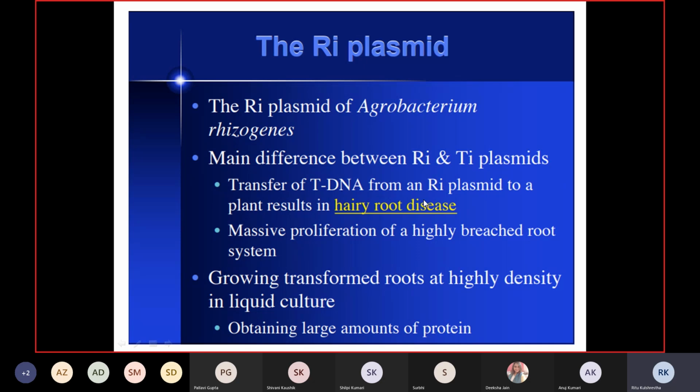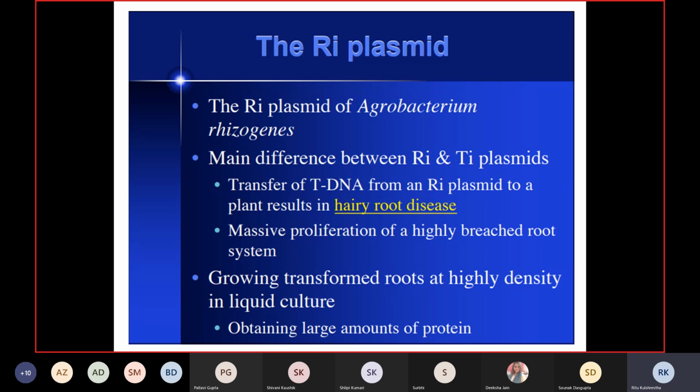And also many people resorted to a method in which they were growing the plants which were infected with Agrobacterium rhizogenes in hydroponic media. Means the plants are now in a liquid media and they have their protein of interest in such a way that it is secreted out of the roots.